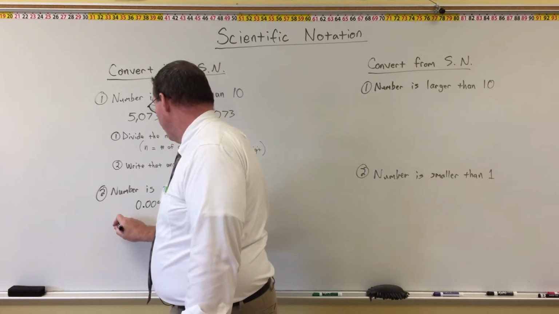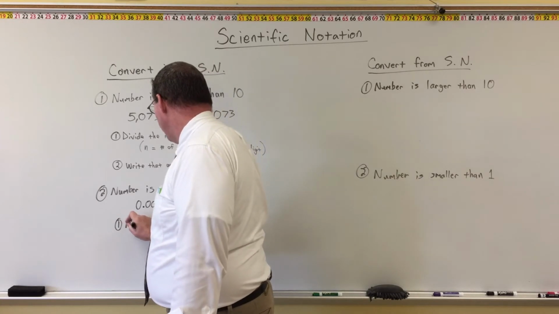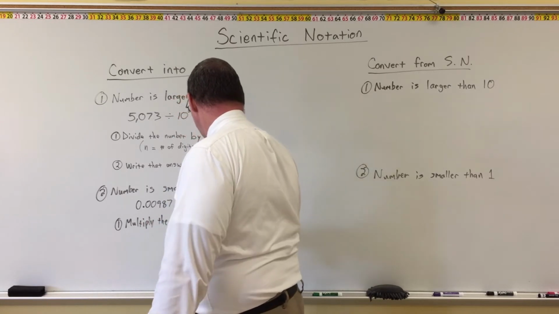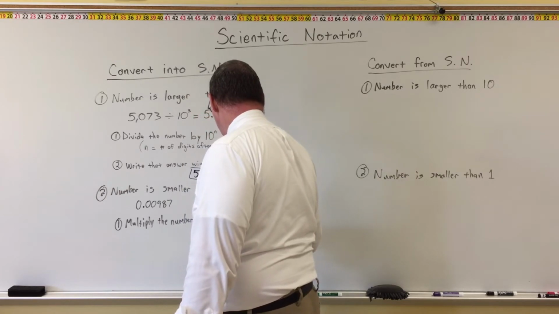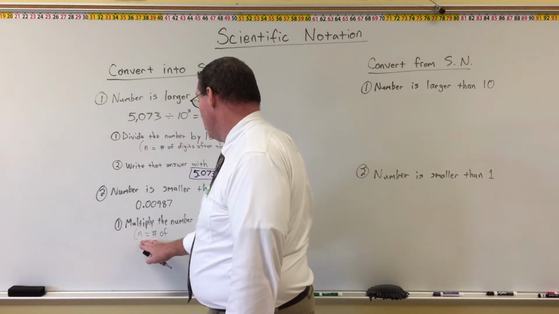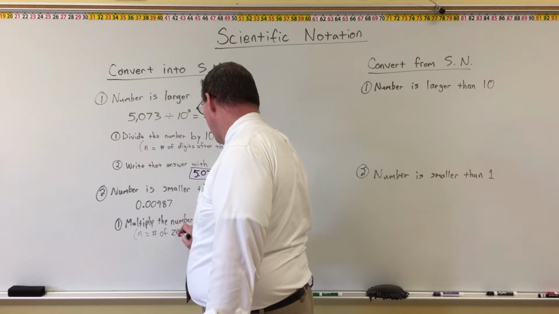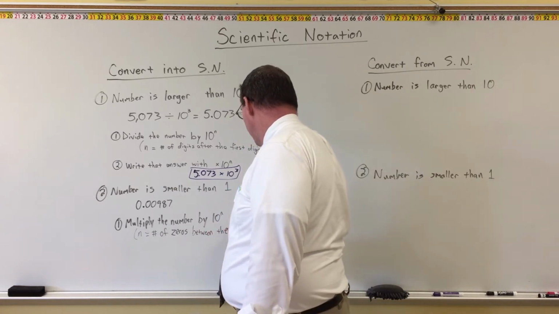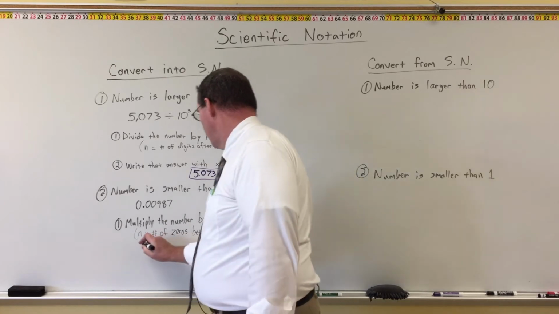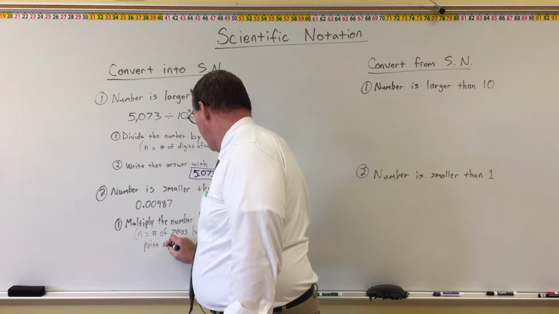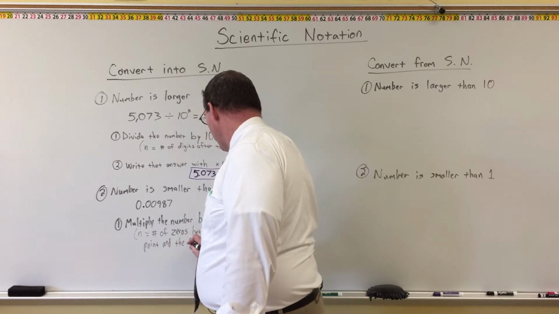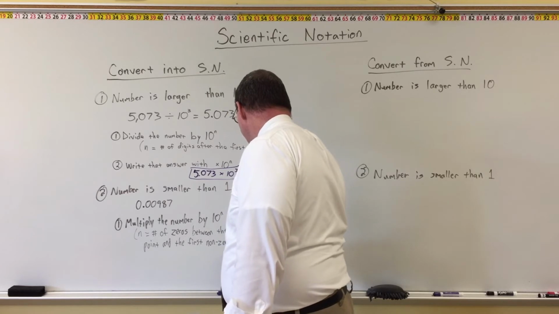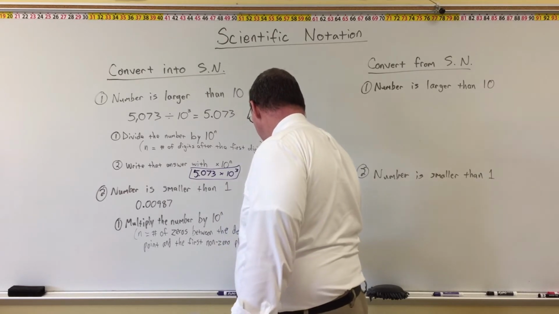The first thing you're going to do is multiply the number by 10 to the n power again, but this time where n is equal to the number of zeros between the decimal point and the first non-zero, plus 1. Here's what I mean by that.